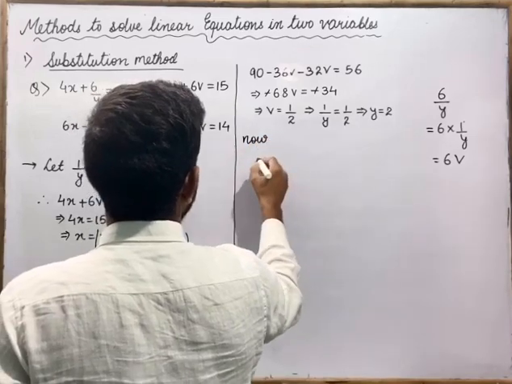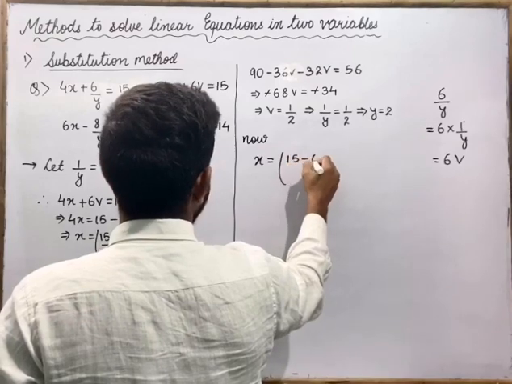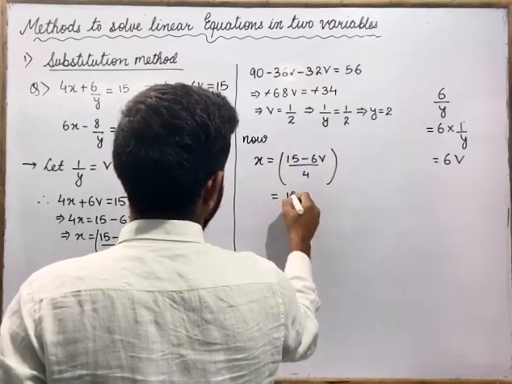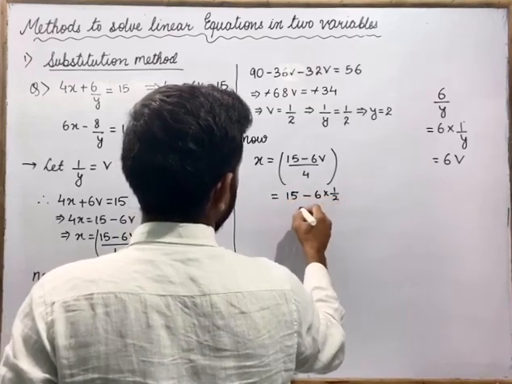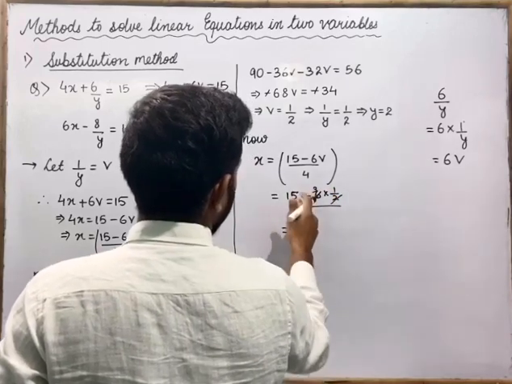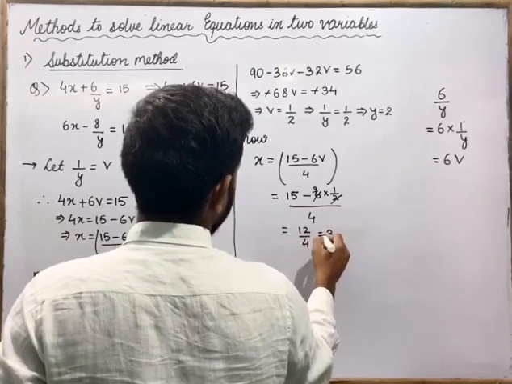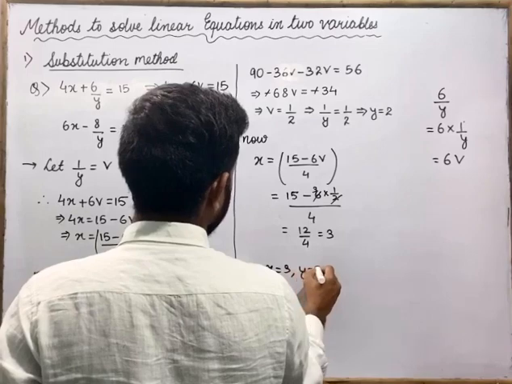Since we have to find the value of x also, x equals (15 minus 6v) by 4. So it is (15 minus 6 into 1 by 2) by 4. 6 into 1 by 2 is 3. 15 minus 3, 12 by 4, that is 3. Therefore, x equals 3 and y equals 2.